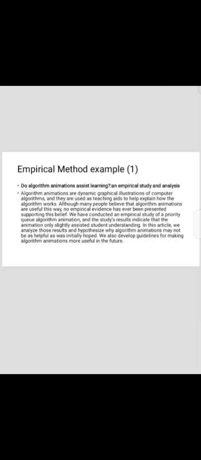In this article, we analyze those results and hypothesize why algorithm animation may not be as helpful as was initially hoped. We also developed guidelines for making algorithm animation more useful in the future.